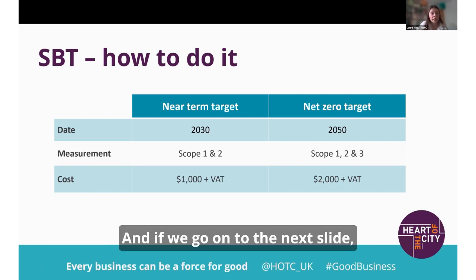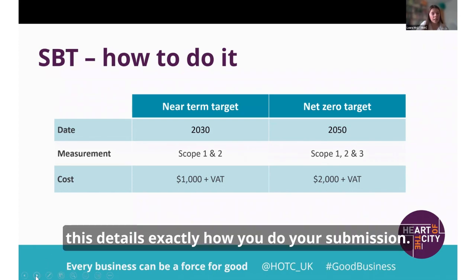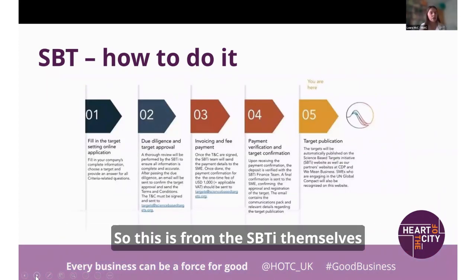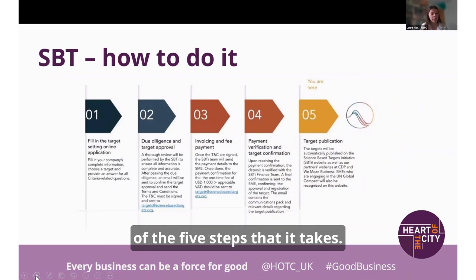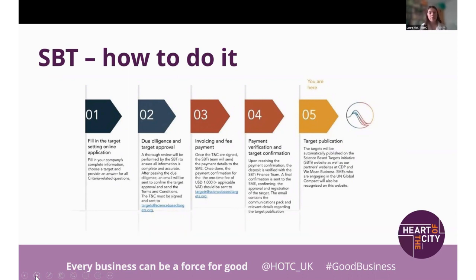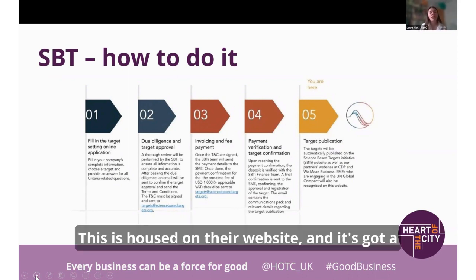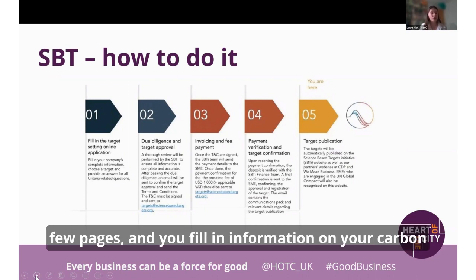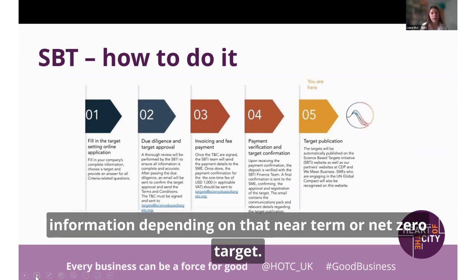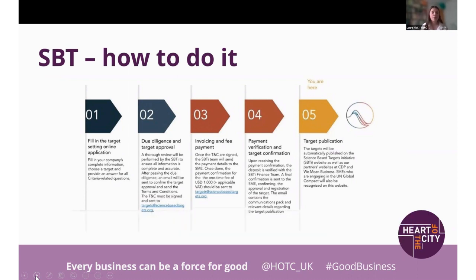And if we go on to the next slide, this details exactly how you do your submission. This is from the SBTi themselves, of the 5 steps that it takes. So the first step is submitting an application form. This is housed on their website, and it's got a few pages, and you fill in information on your carbon footprint measurement, and it will ask you different information depending on that near-term or net zero target.